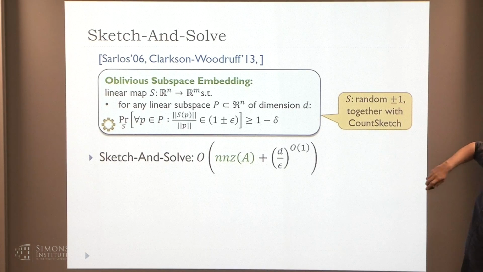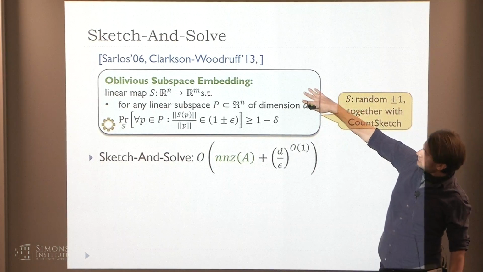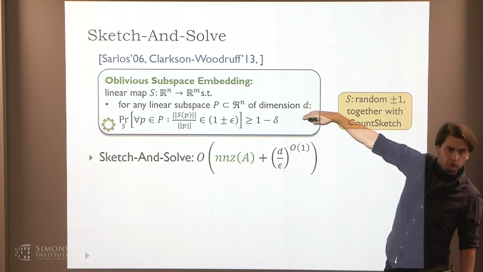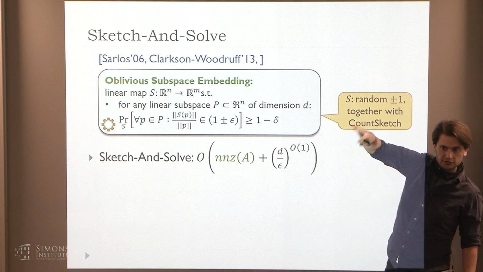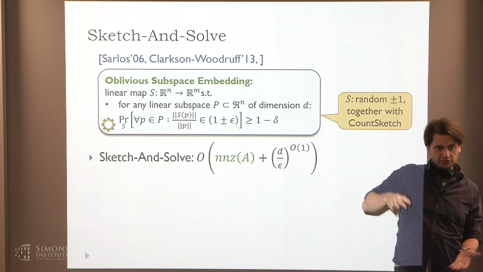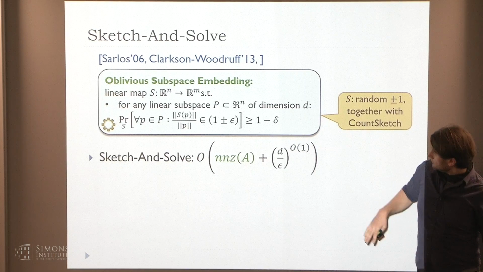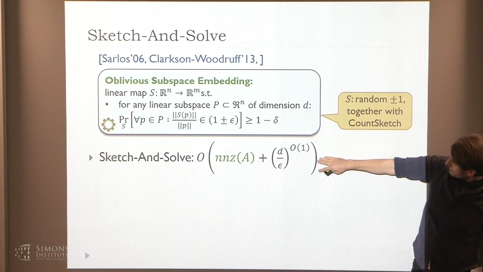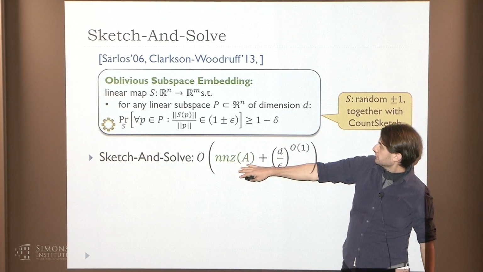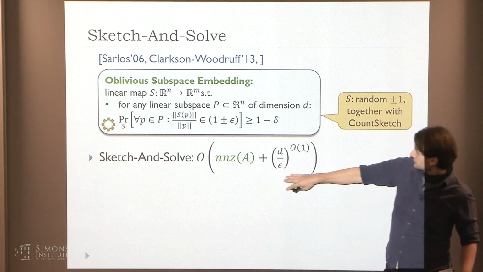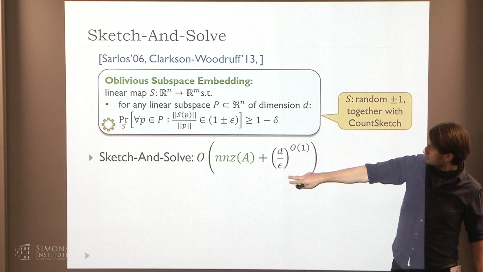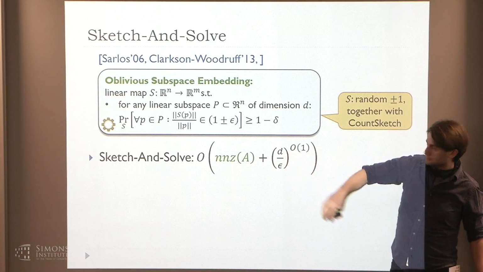You can essentially use it the way that I showed in the previous slide, where you just pre-multiply and then solve the much reduced system. This will give you eventually a runtime which is on the order of the number of non-zeros in the matrix A, plus a term which depends primarily on dimension d, and it is a polynomial dependence on d and epsilon.